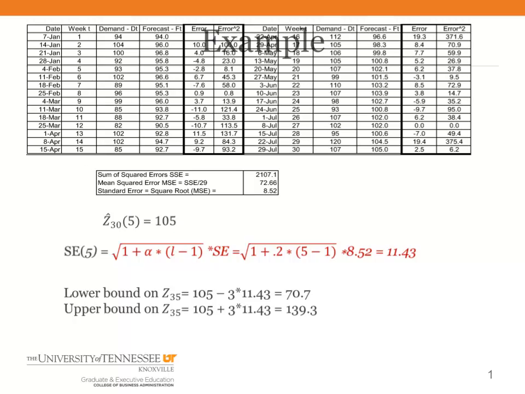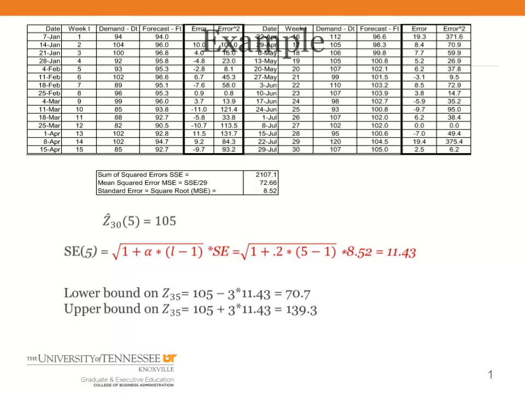Okay, so let's pretend it's now week 30 and I'm forecasting into the future. And in particular, maybe I'm thinking about staffing levels for the week that happens to be week 35, 5 weeks into the future. So my forecast of demand for 5 weeks into the future is just the current forecast of 105 that I read from my spreadsheet there.